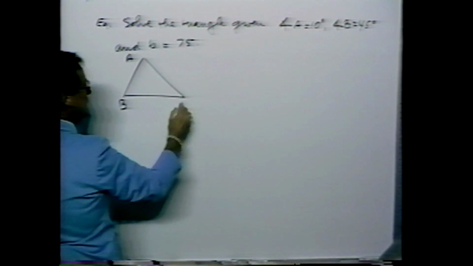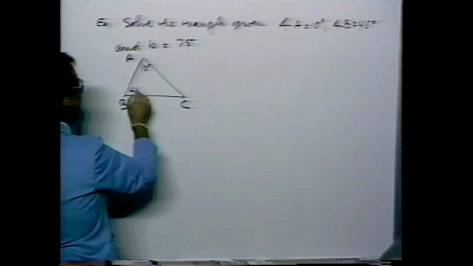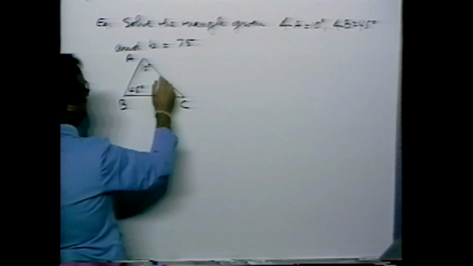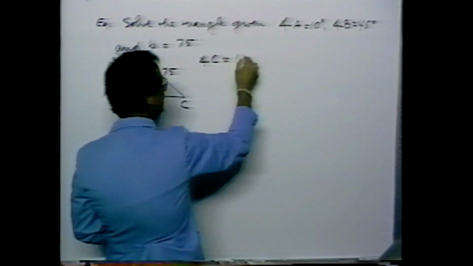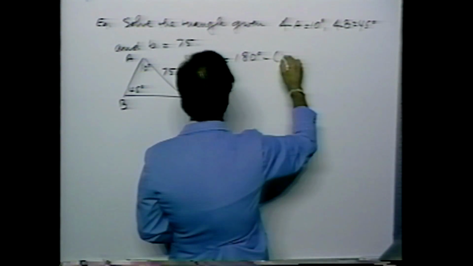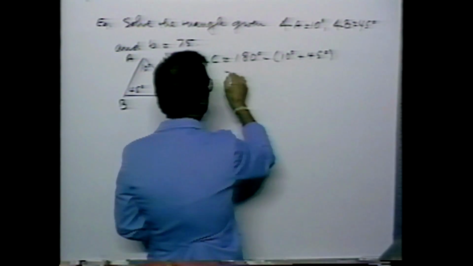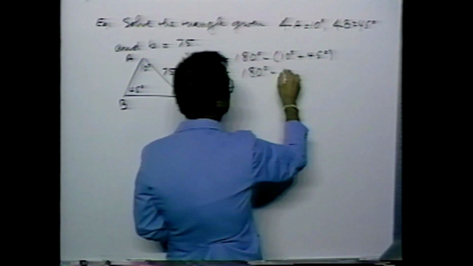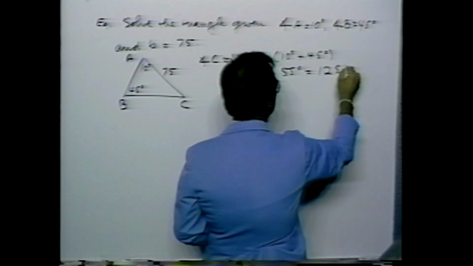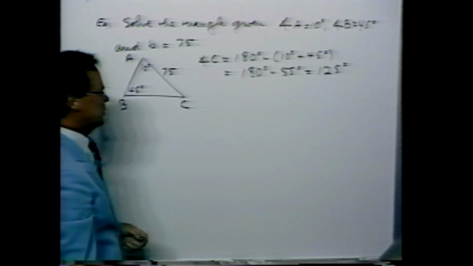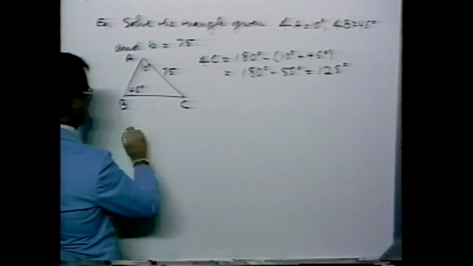A, B, C, and A is 10 degrees, B is 45 degrees, and we know that small b is 75. We can find angle C very quickly here by taking 180 degrees minus 10 degrees plus 45 degrees. This is 180 degrees minus 55 degrees, and that amounts to 125 degrees. So actually angle C is an obtuse angle. If it helps, you can redraw this, but it isn't necessary.